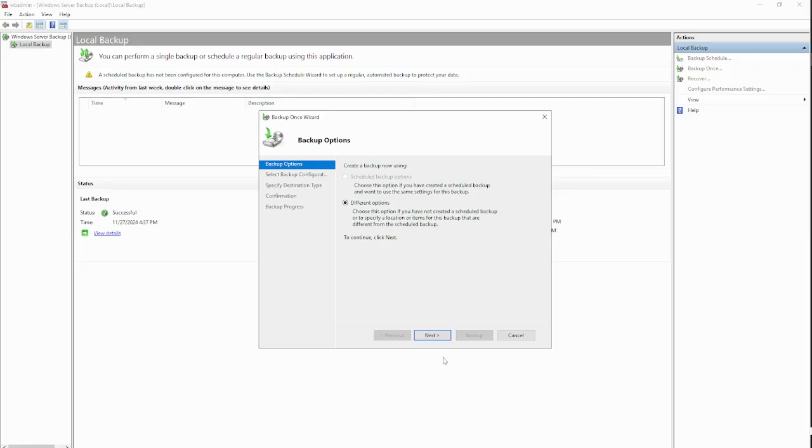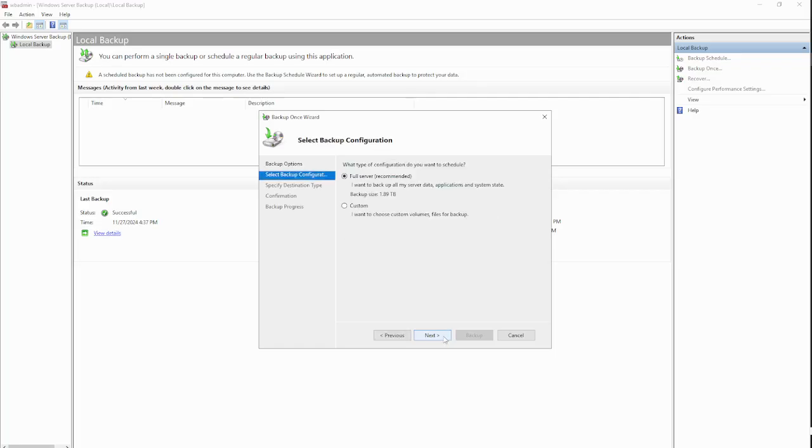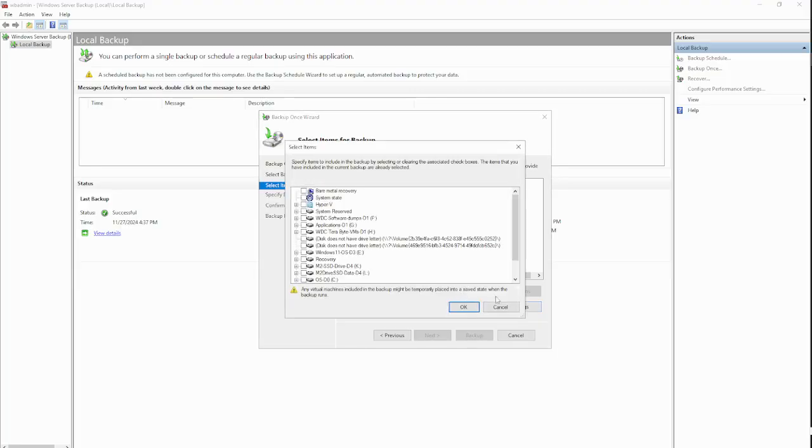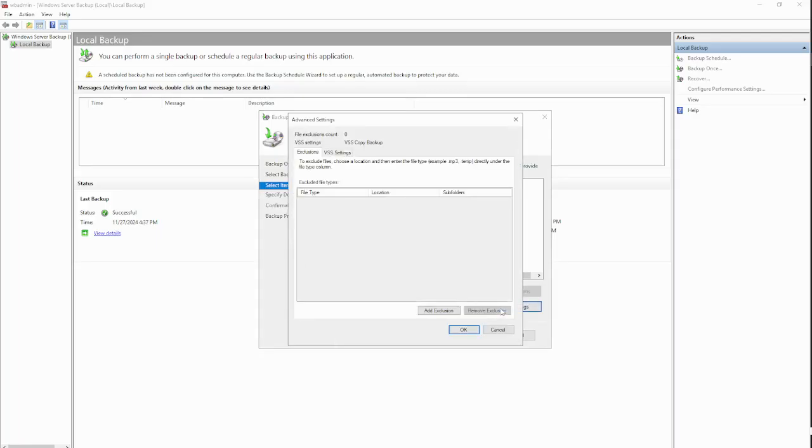So now I am going to create a backup. I will create a custom, full backup. Now I am doing add items, advanced settings.